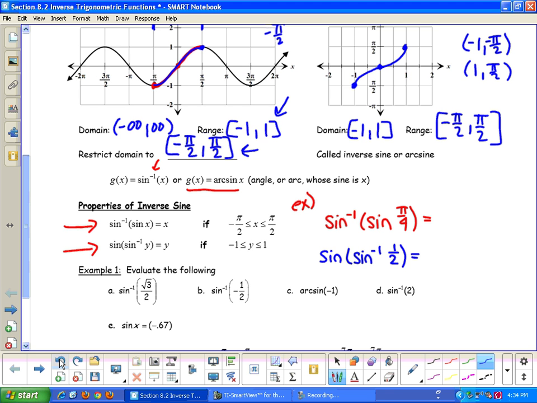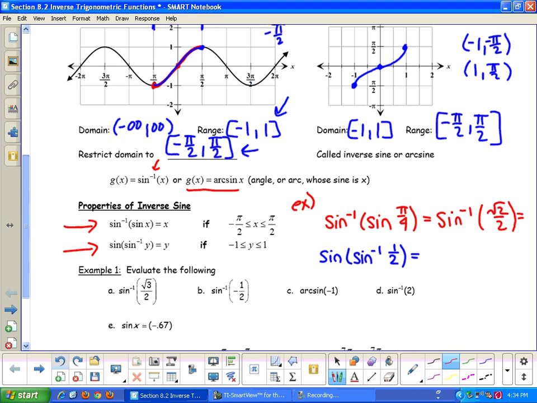So if I look at this first one, I have the sine inverse of the sine of pi over 4. So in order to evaluate this, well, what's the sine of pi over 4? So think about your unit circle. You're in quadrant 1. The sine of pi over 4 would be equal to root 2 over 2. So I'm really, for this equation, doing the sine inverse of root 2 over 2, and I'm trying to figure out, well, what angle gives me the sine inverse of root 2 over 2?